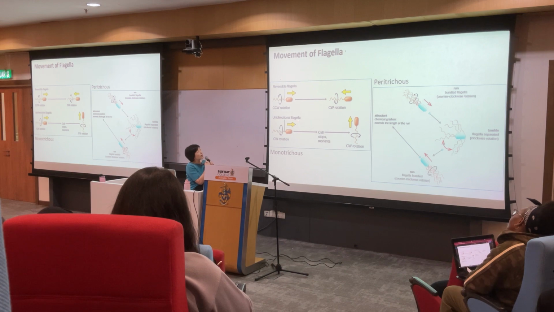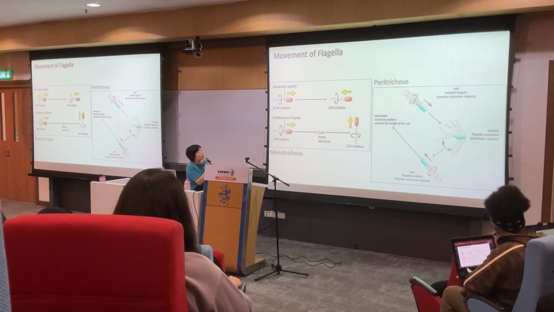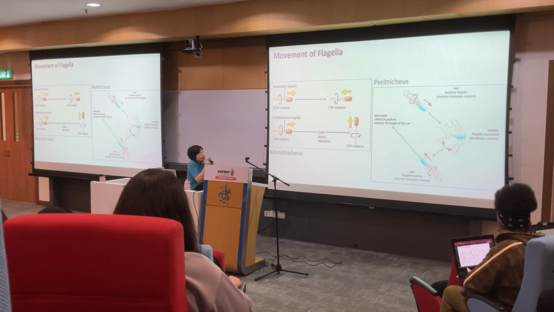This is unidirectional, so they can only rotate in one direction, letting the bacterial cells move forward. Now, since they only have one type of rotation, they need to stop, orient themselves into another direction, and then continue to move forward. So this must be slower.